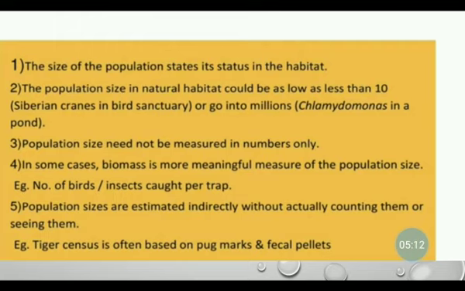In some cases, biomass is a more meaningful measure of the population size. For example, the number of birds, or insects caught per trap. Population sizes are estimated indirectly without actually counting them or seeing them. For example, tiger census is often based on pug marks and fecal pellets.